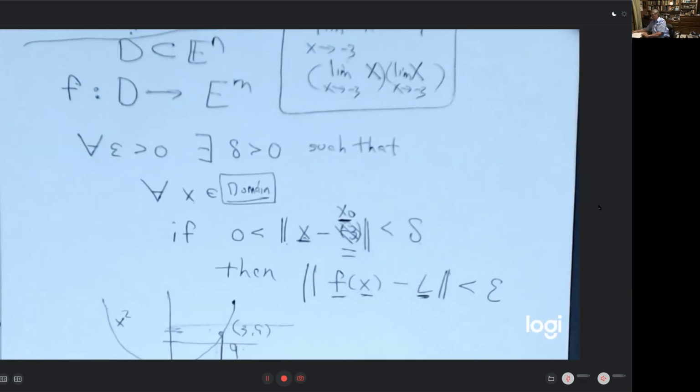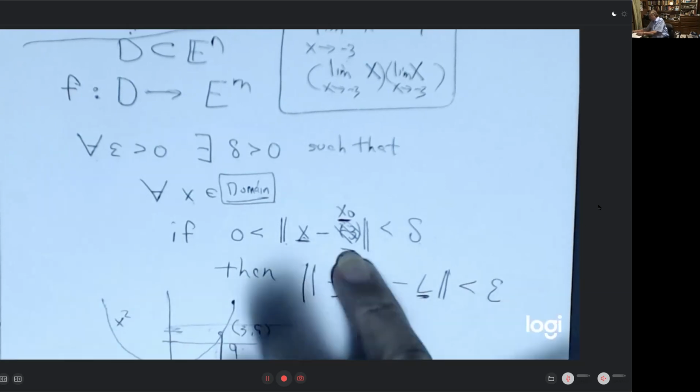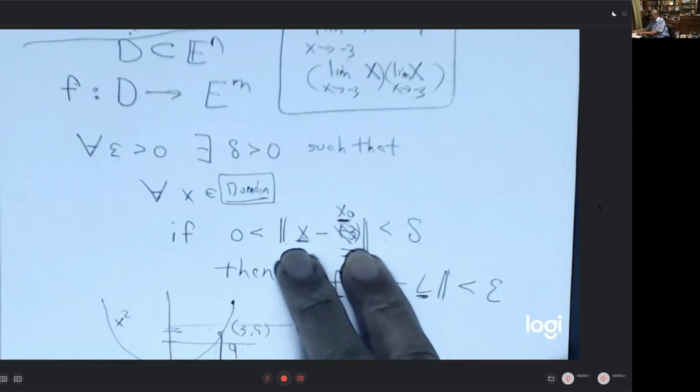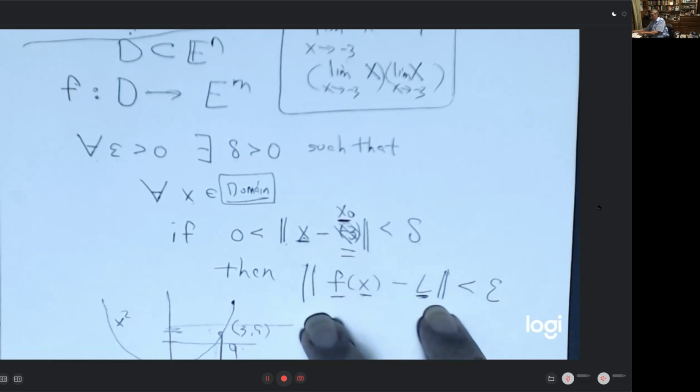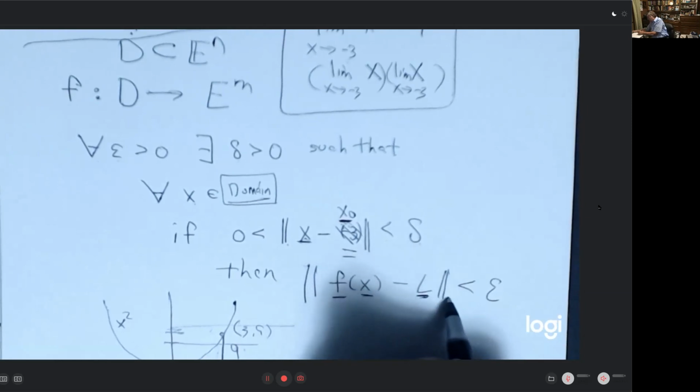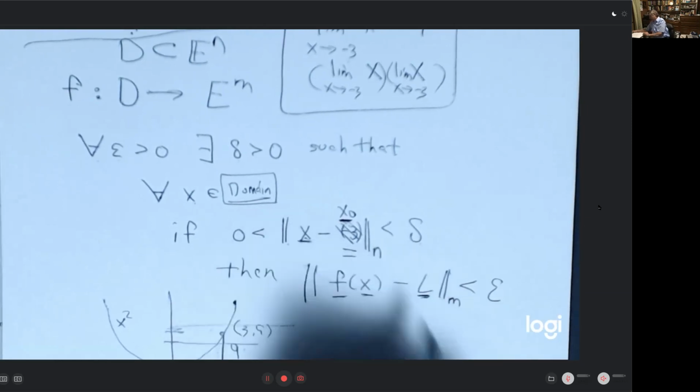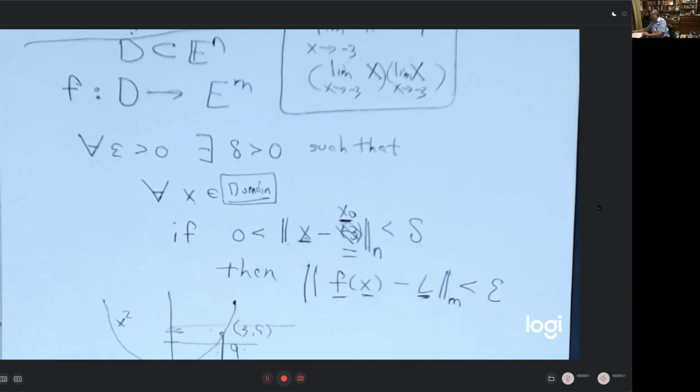I just changed from one dimension to one dimension into n dimensions to m. This norm here is in n dimensions because that's the domain world. This norm is in m dimensions because that's the range world. So sometimes we will put an m and an n in extra to tell people. You won't see that in the notes or in the book at all, but sometimes people want you to know that these two lines don't mean the same thing.